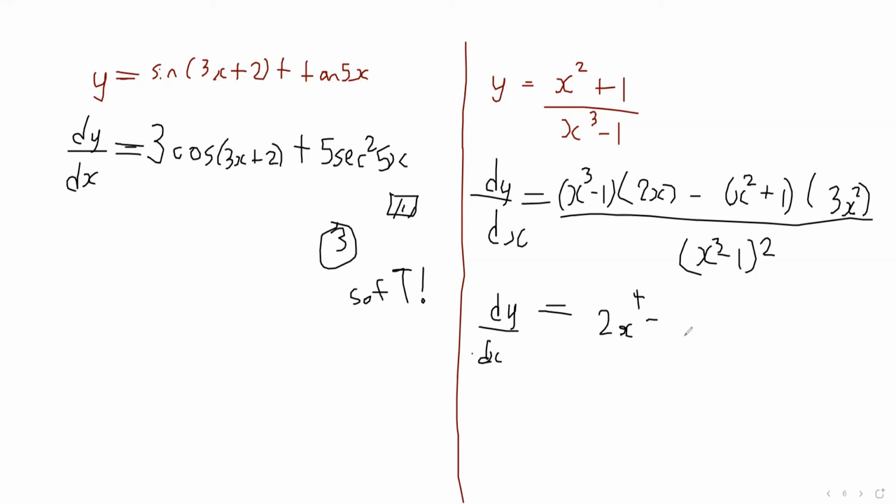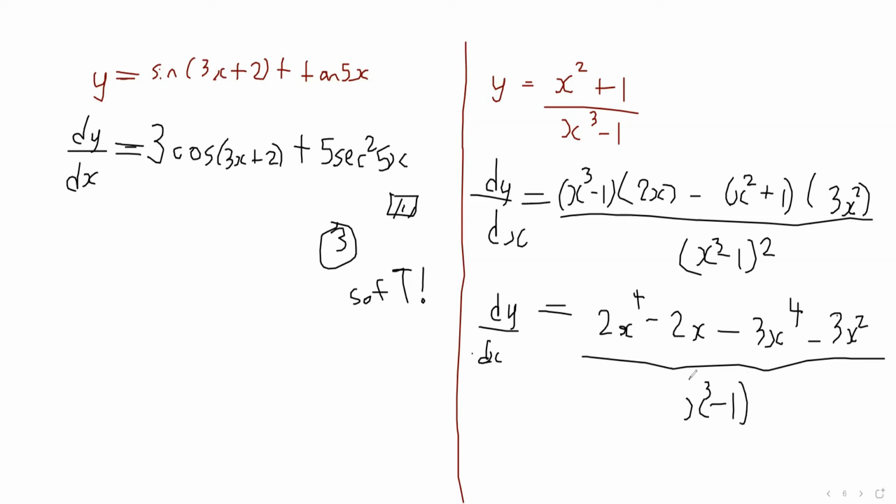Minus 3x squared times x squared, that's 3x to the 4. Then 3x squared times 1 is minus 3x squared. Minus because minus times the plus becomes minus, and minus 1 times this becomes minus. All divided by x cubed minus 1 all squared.